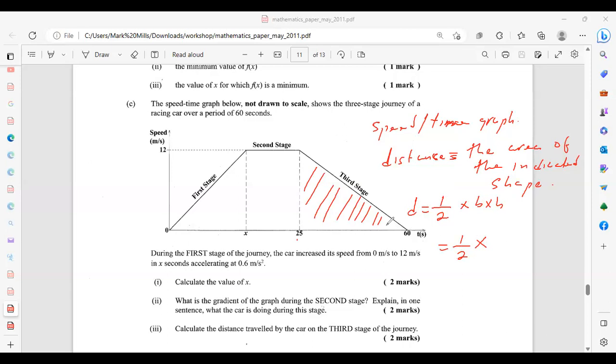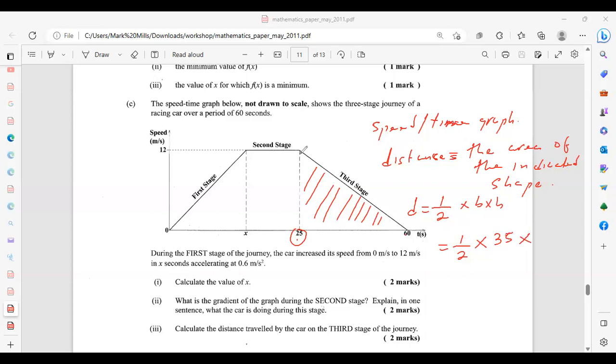No, you can't just add it. Remember that you start from 25 here and you end at 60. What's the difference? 35. Good. So the base would have been 35.